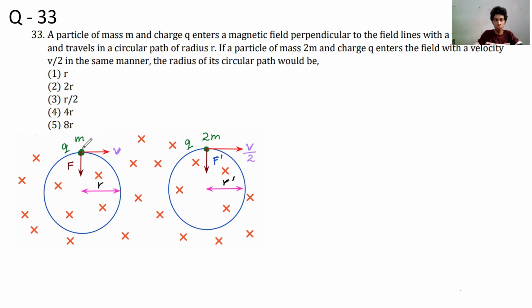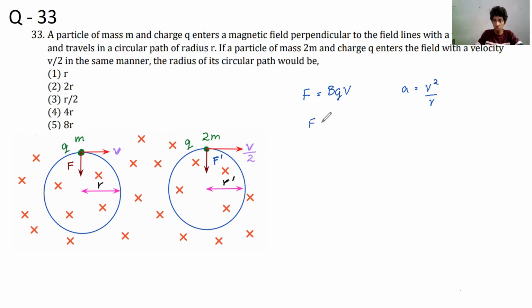And the charge of the particle q is the same in both the instances. So F is the centripetal force acting on the particle in the first situation. So we can write an expression for F, and that is equal to BQV. And the centripetal acceleration is equal to v squared over r.